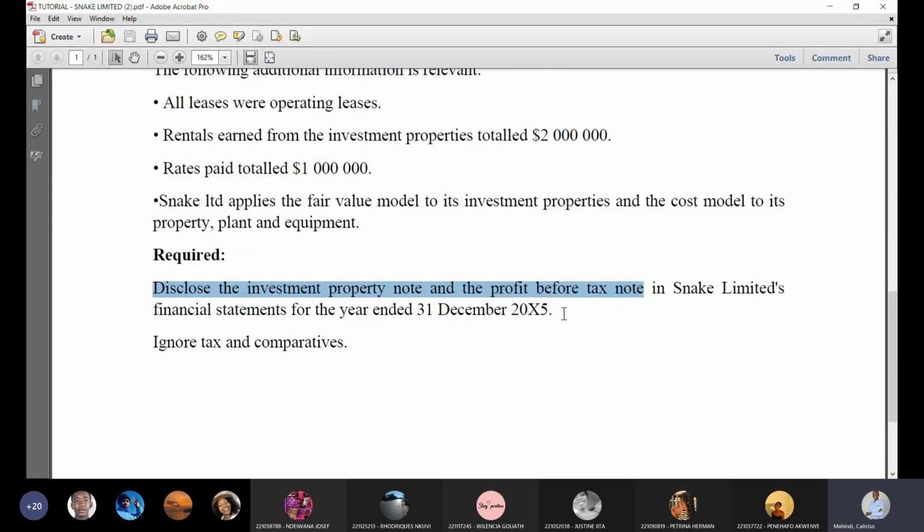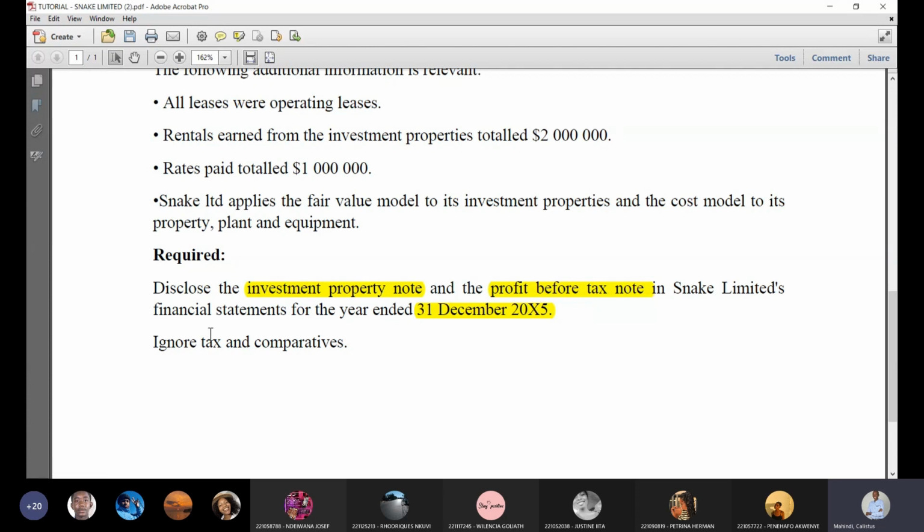So we know that the year ends on 31 December 20x5. That is something you'd have to highlight, along with these two items: the profit before tax note and the investment property note.